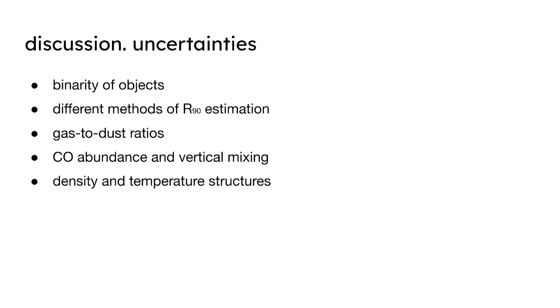Then there is a bit of uncertainty about CO abundance because of effects that they could not have included, for example other dynamic effects like vertical mixing. Technically, if you consider CO and your disk is massive enough, you see only the surface, you don't really care about what happens underneath.